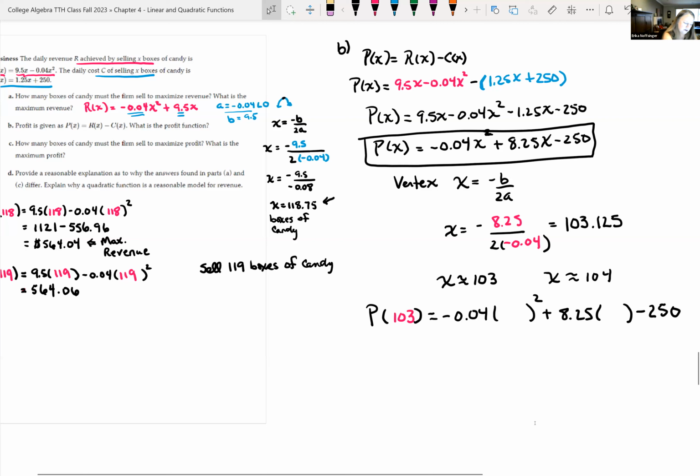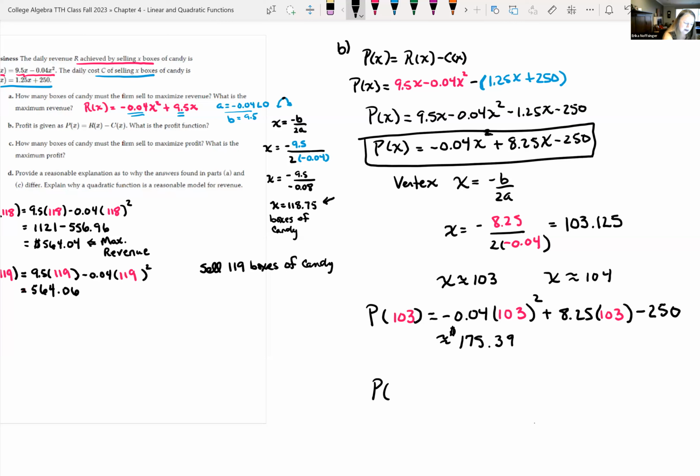Plugging in 103 wherever I saw an X, I have negative 0.04, parentheses 103 squared, plus 8.25 times 103 minus 250, which gives you approximately $175.39.